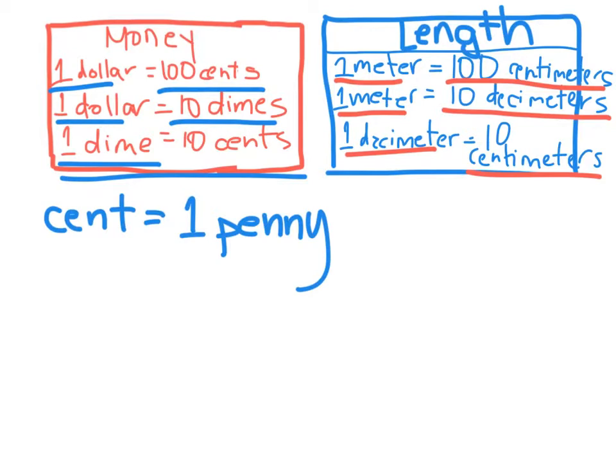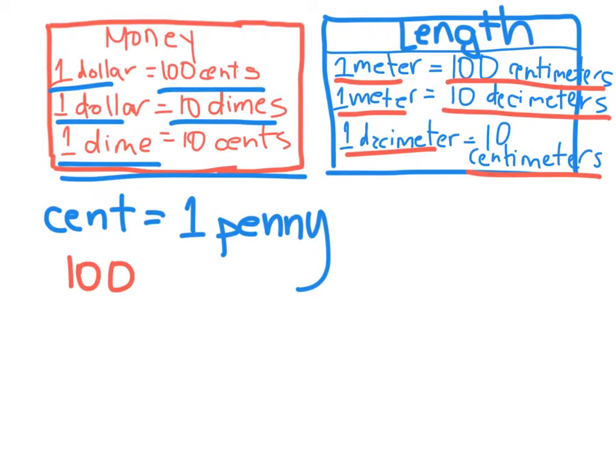So the word cent is important. It actually means 100, or 100 pennies. So the word cent and the word centimeter mean 100. Write that down in your math journal.